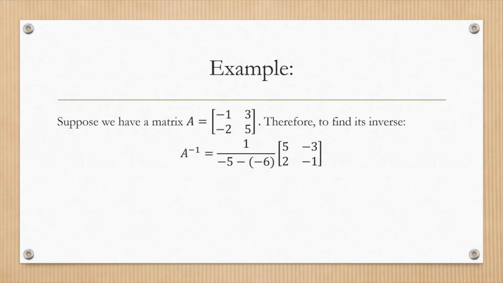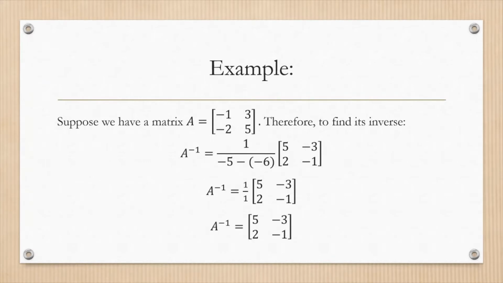In the matrix, we switch the positions of -1 and 5, and then we add a negative sign in front of 3 and -2. The negative cancels out, becomes positive, therefore we get 2. -5 minus -6, we get 1. So the inverse for matrix A is 5, -3, 2, and -1.